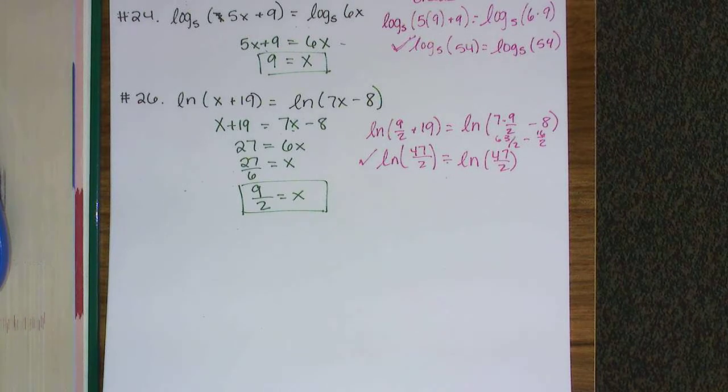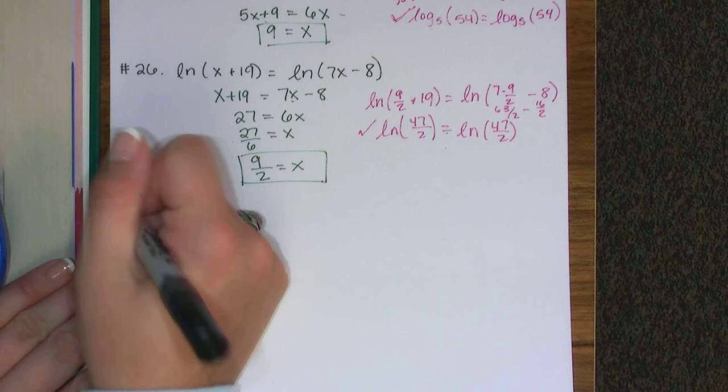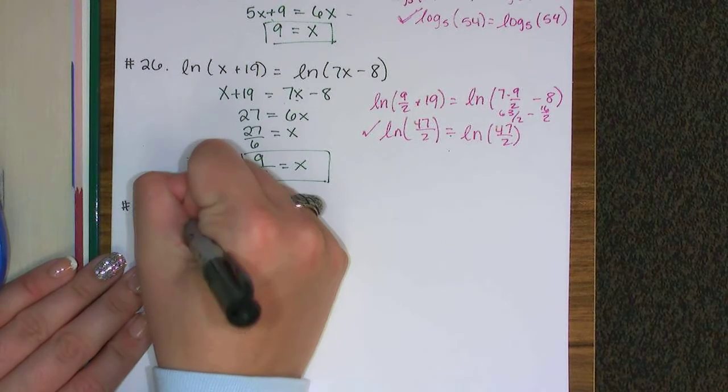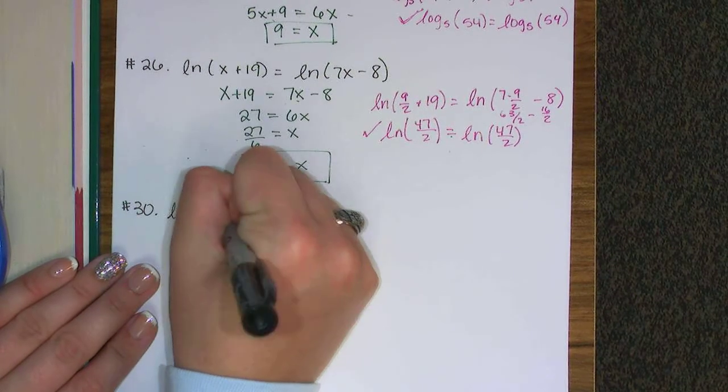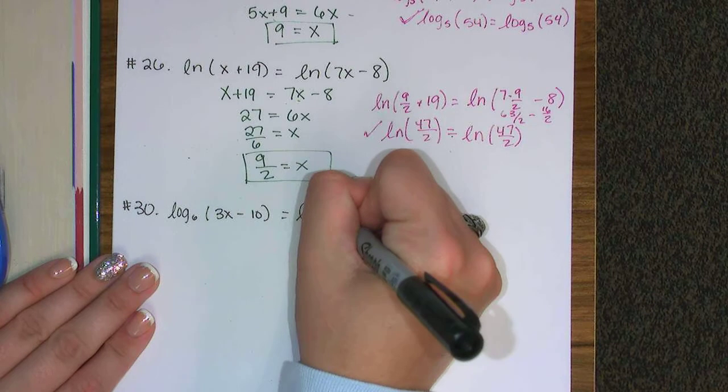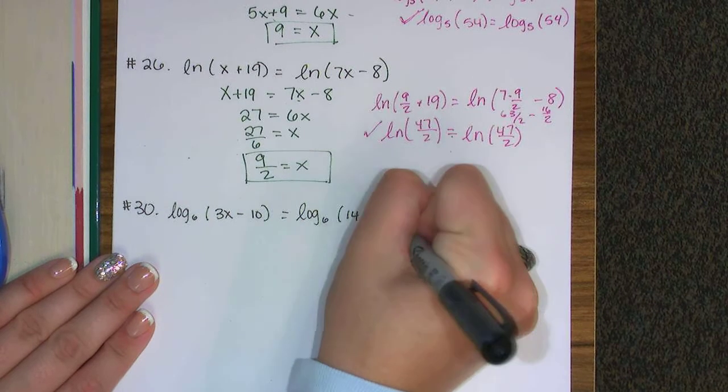So let's do 30. And then we'll be done. So 30 is log base 6 of 3x minus 10 is equal to log base 6 of 14 minus 5x.